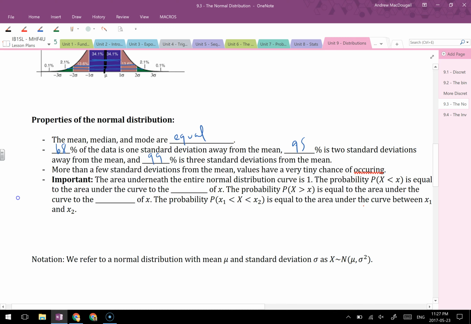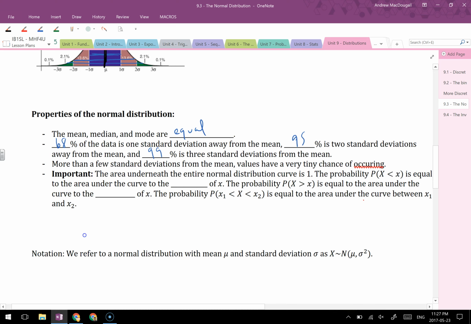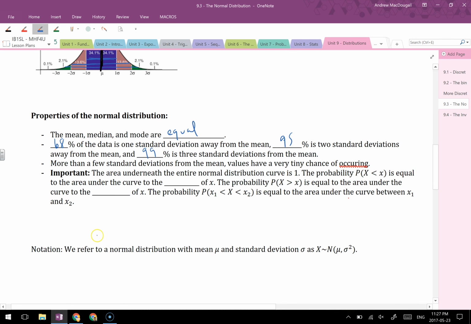Now, for our purposes, here's what's really important. If you take an entire normal distribution, the area under the whole curve, including the infinite tails, this total area, which I'm shading in red, equals 1. Okay?